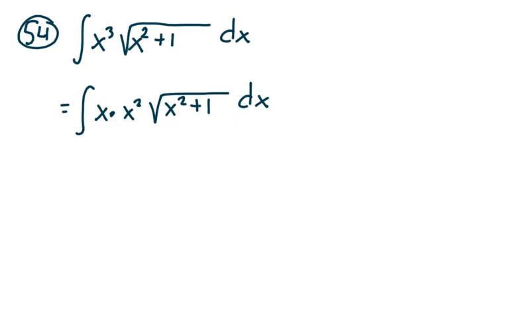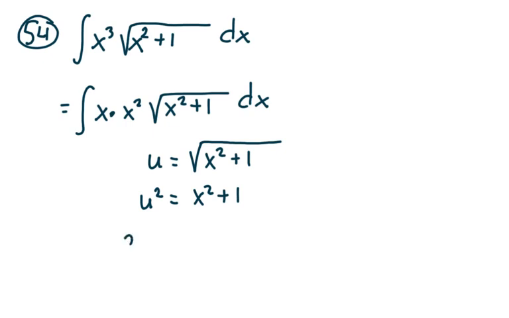Okay, so what I'm going to do is let u equal the square root of x squared plus 1. Square both sides. So u squared is x squared plus 1. 2u du is 2x dx.